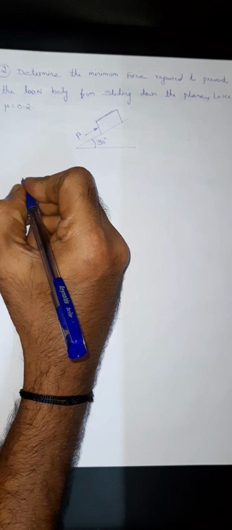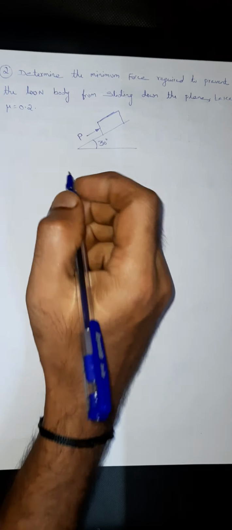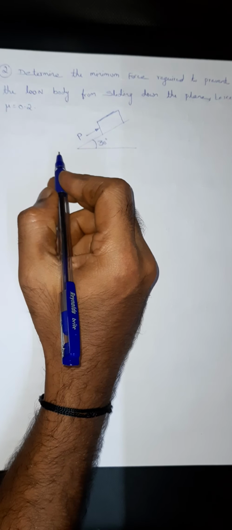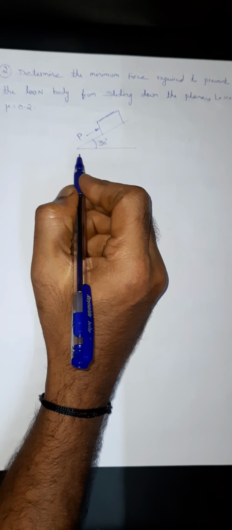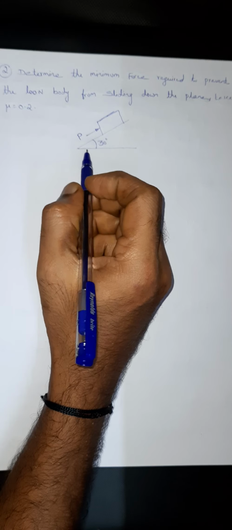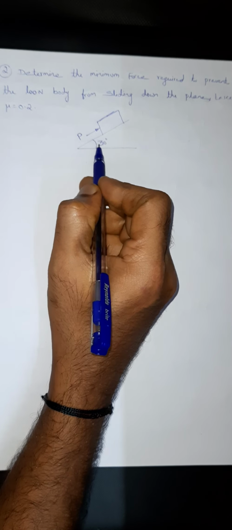In the previous video lecture, we solved a problem from simple contact friction with the horizontal plane, right? As far as this problem is concerned, this plane is inclined at a certain angle.